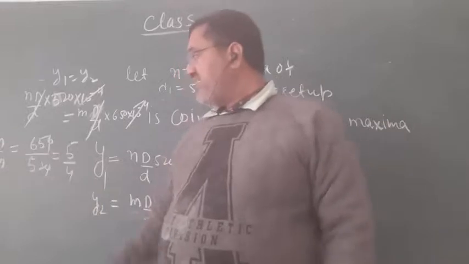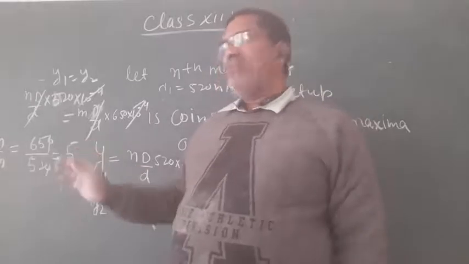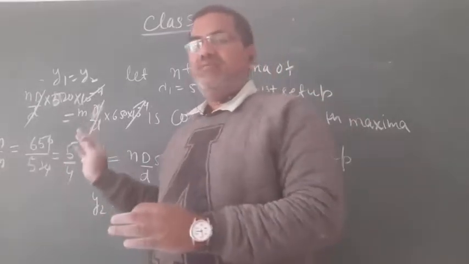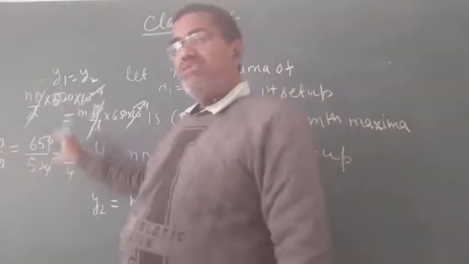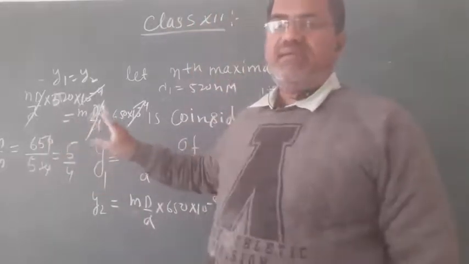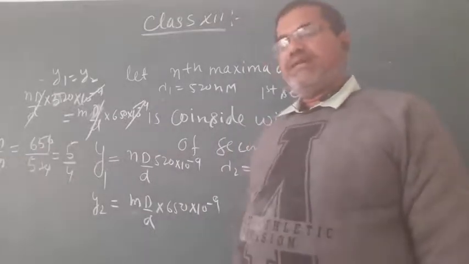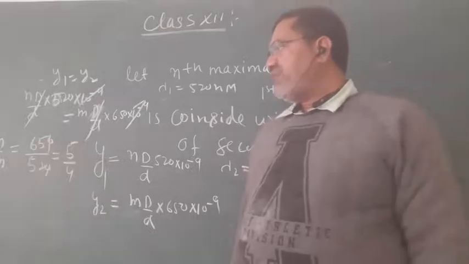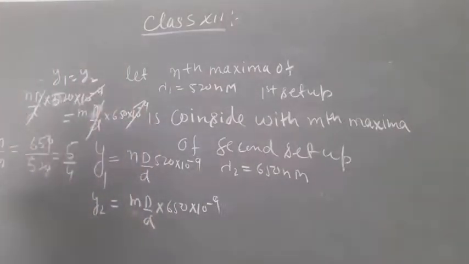So this is the minimum value for y. There are many maxima which coincide in the first and second setup, but this is the minimum possible value such that maxima of both setups coincide. So the fifth bright fringe of the first setup coincides with the fourth bright fringe of the second setup, and so on. When they coincide again, you can write 10 by 8.